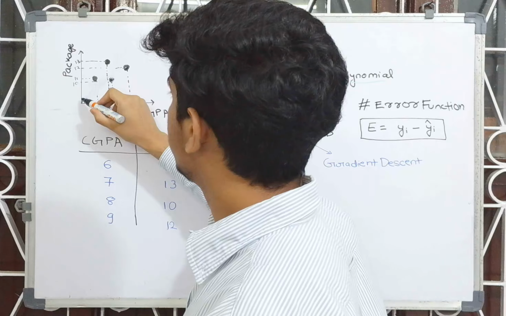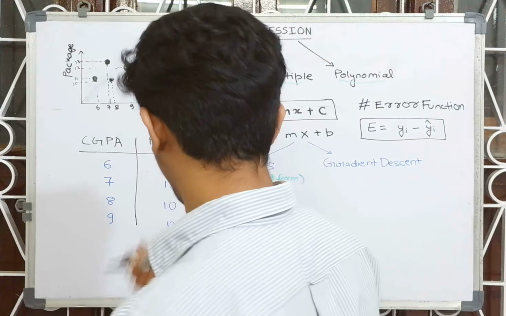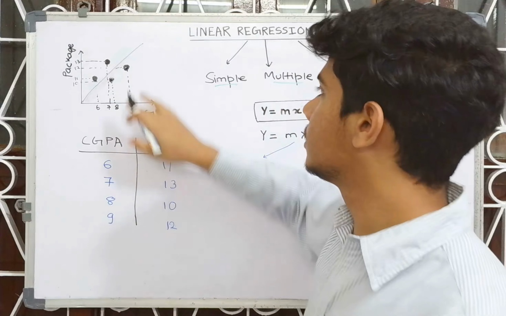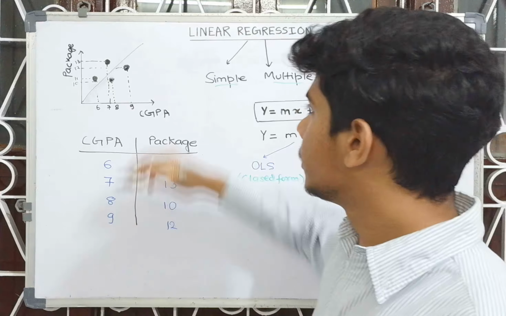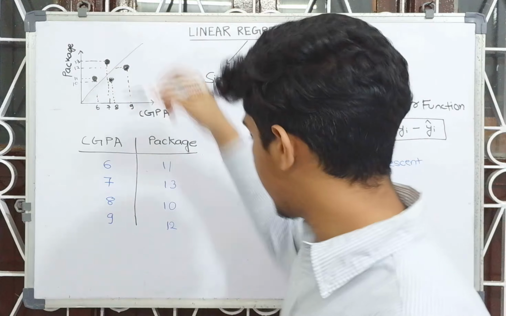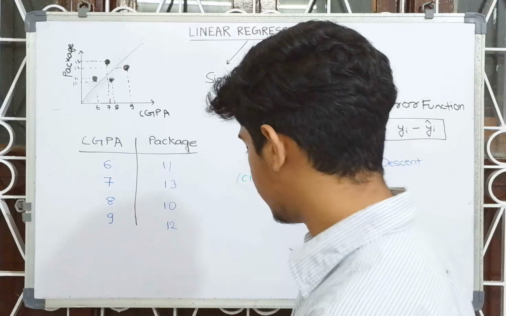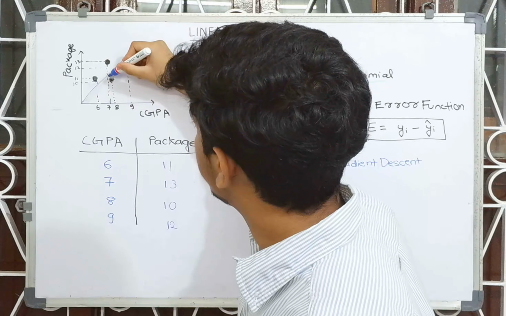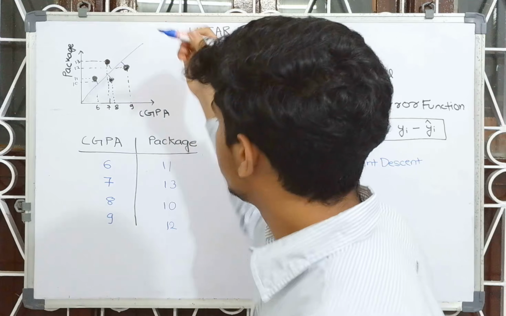For example, we can draw a straight line here like this. You can see this covers most of the points, and it should have the least amount of error. This part is called the error. We will discuss more about it.